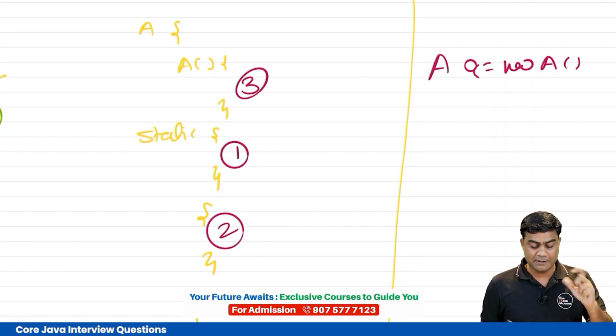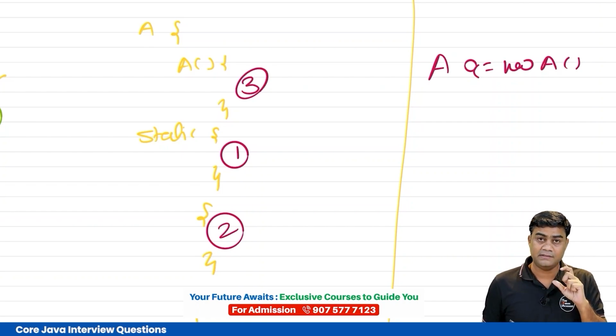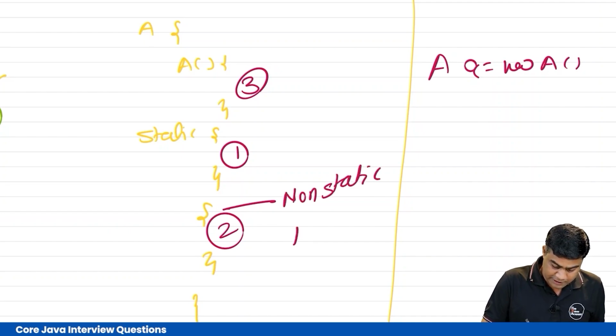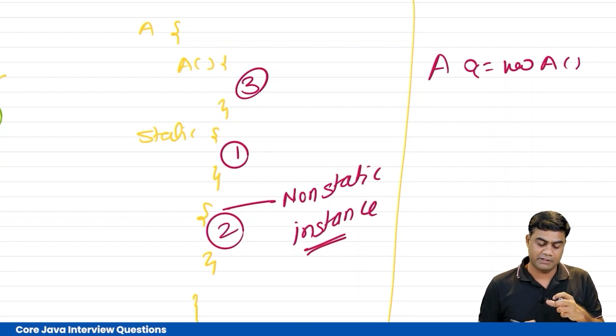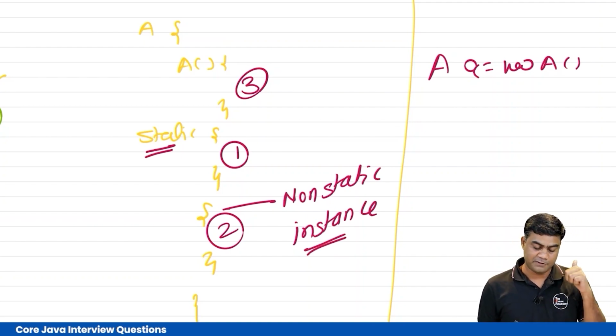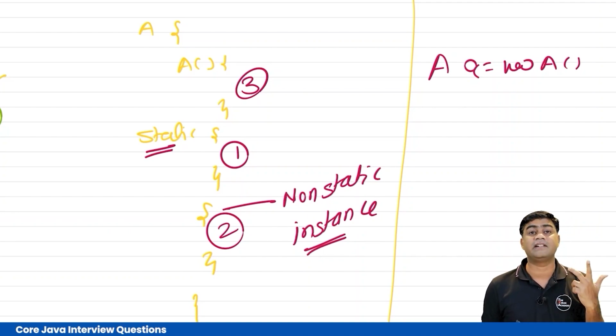So this is the sequence. The static block will get called first, then the non-static or instance block. The instance block is object level, and the static block is class level. So the sequence is: first the static block, then the non-static block, and then the constructor.